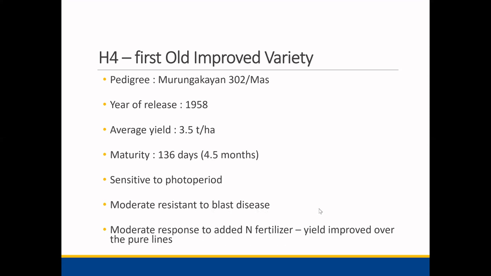Because of these beneficial characters, the yield improved over the pure lines. Before this hybridization and selection, we had pure lines, which were lines selected from the traditional varieties. But with the old improved varieties, the first one, H4, the yield improved over the pure lines.